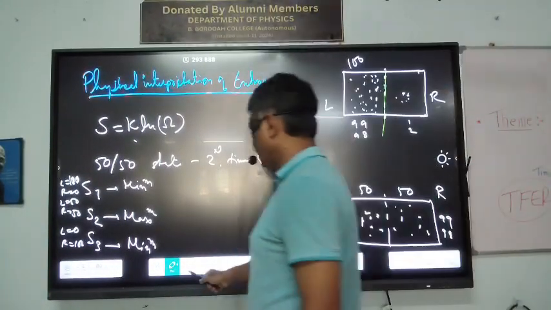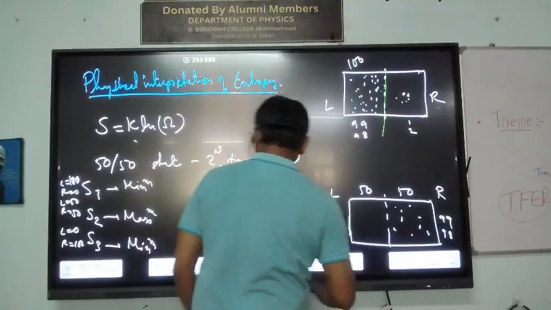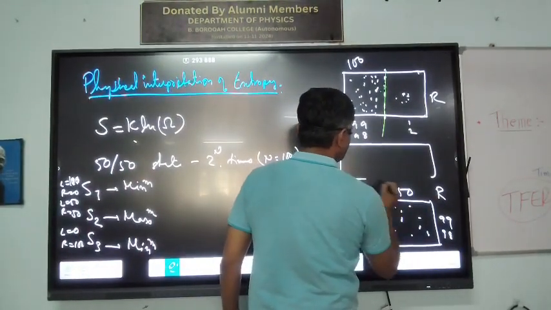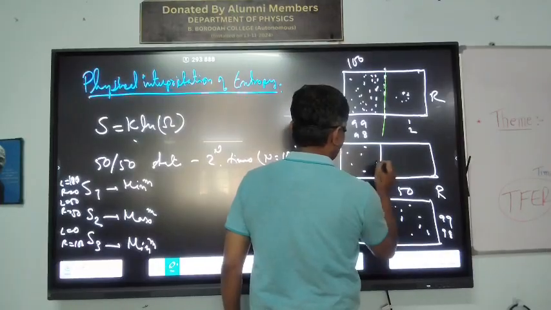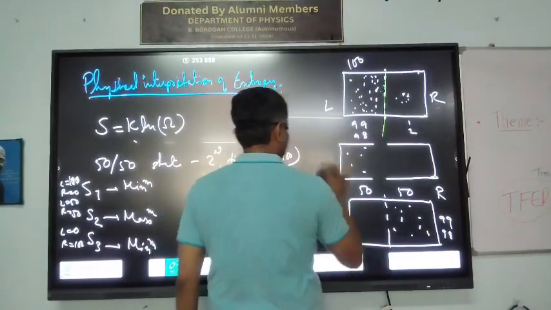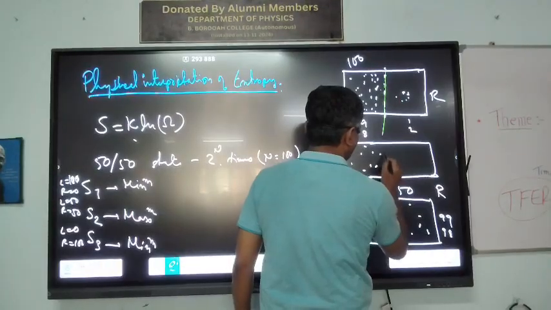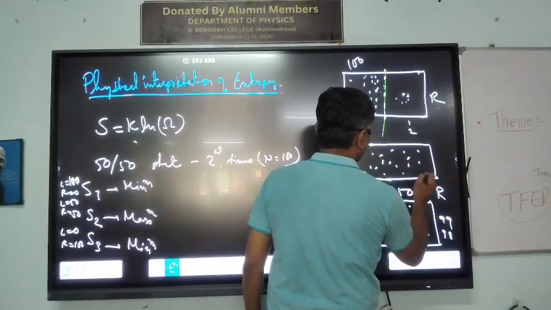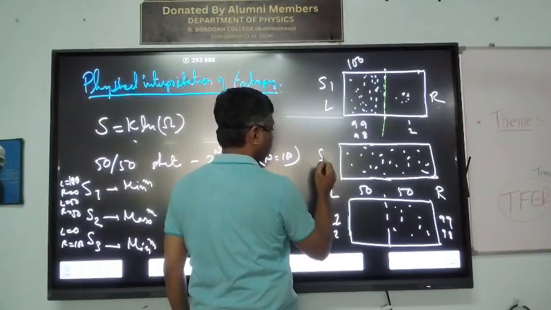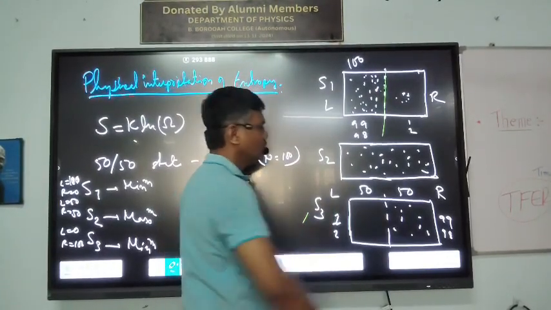Look at these three situations. This is my 50-50, but there is no partition here. So here we have entropy S1, entropy S2, entropy S3.